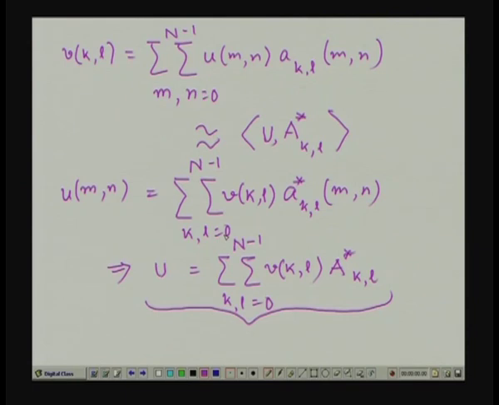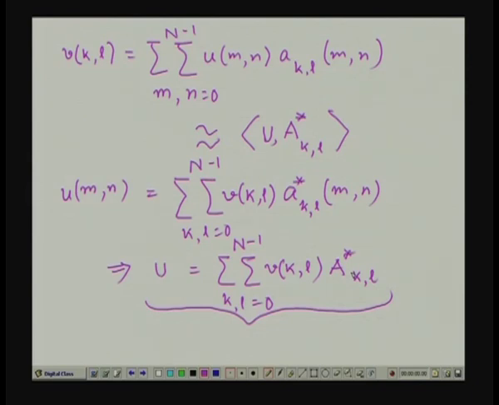And by looking at this expression, you find that our original image matrix U is now represented by a linear combination of N square matrices A star KL, where each of these N square matrices is of dimension capital N by capital N. And these matrices A star KL are known as the basis images.